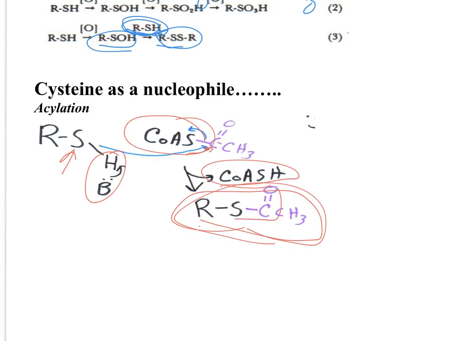Acetylation, where you form a thioester, is a type of acylation. Acylation is whenever you get some kind of an ester. You can get acylation that leads to an oxoester as well.